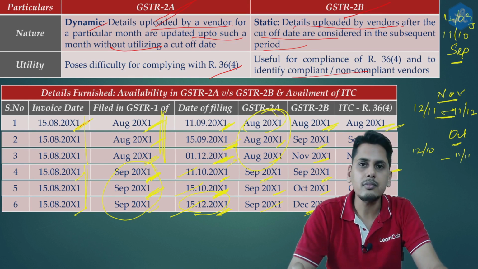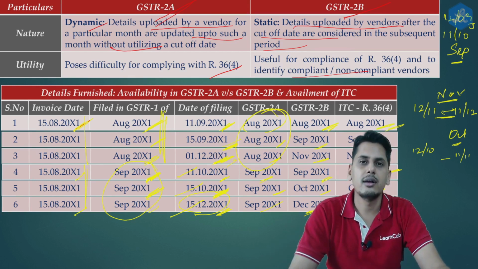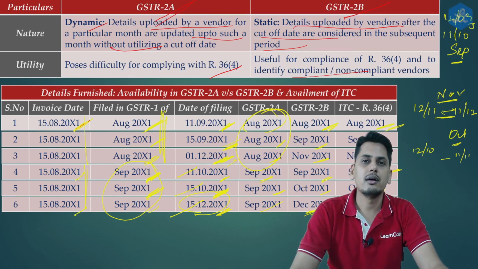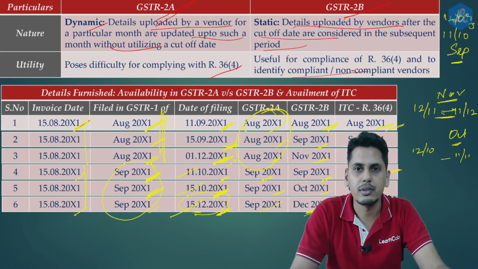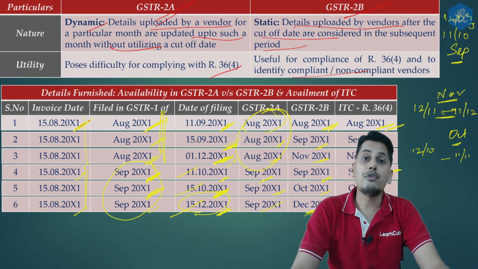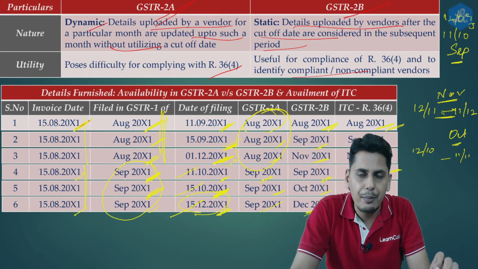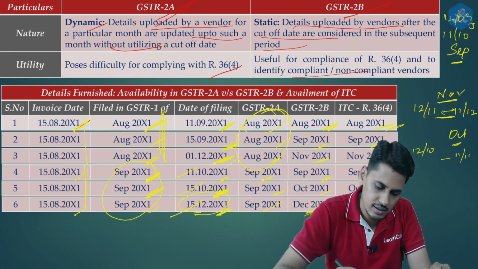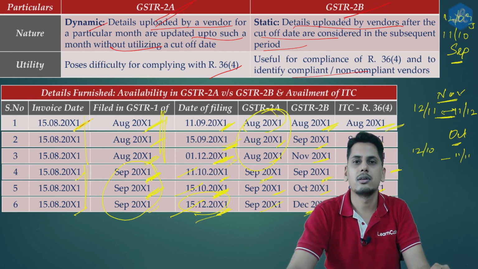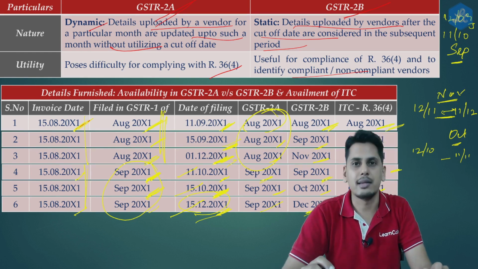No. For it to appear in GSTR 2B of November, filing should have happened by 11th of December. Has it happened? No. Next month. For it to appear in GSTR 2B of December, filing should have happened by 11th of January. Has it happened? Yes. So it would appear in GSTR 2B of December.